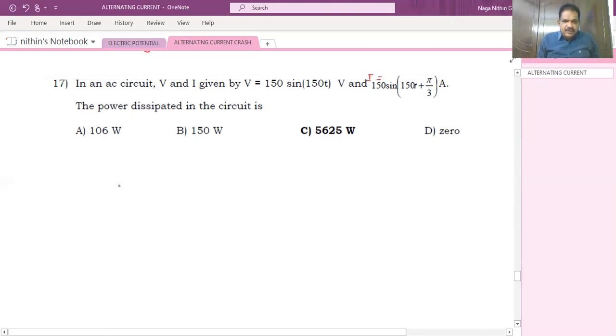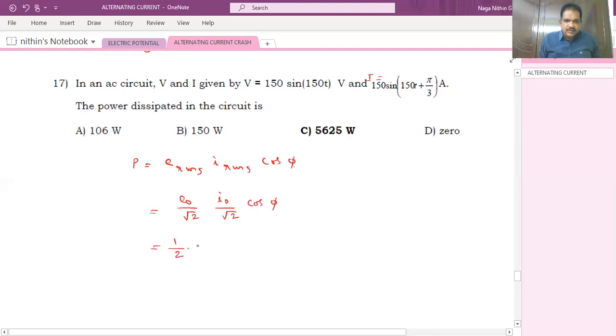Then P is equal to Erms Irms cos phi. Erms will be E naught by root 2, I naught by root 2, cos phi.